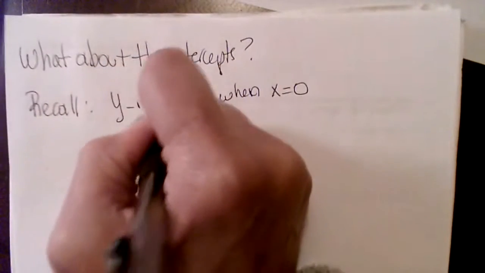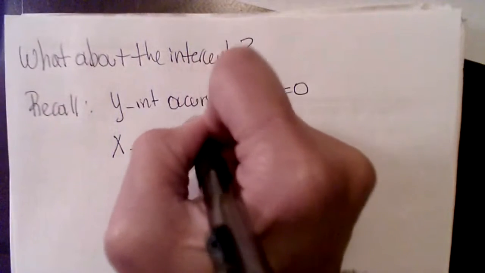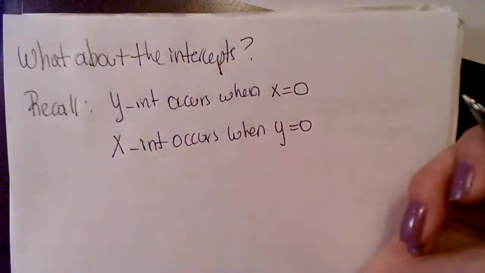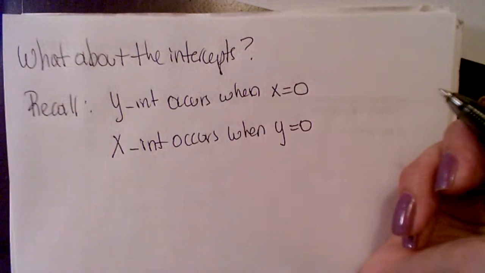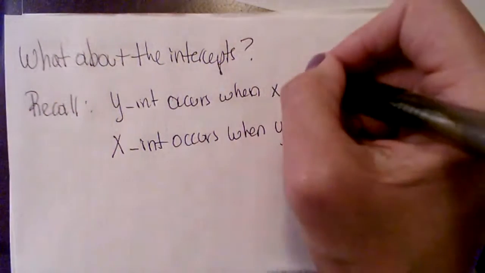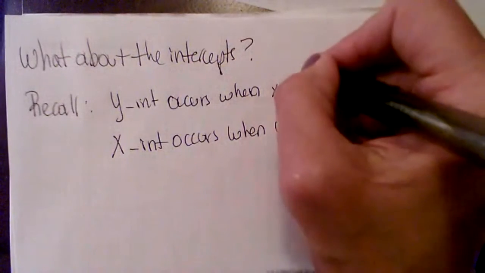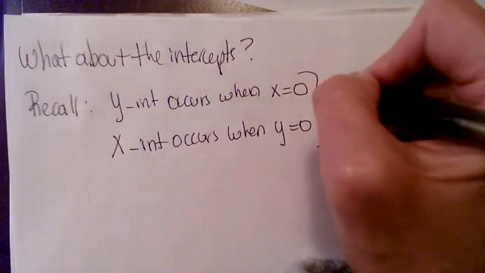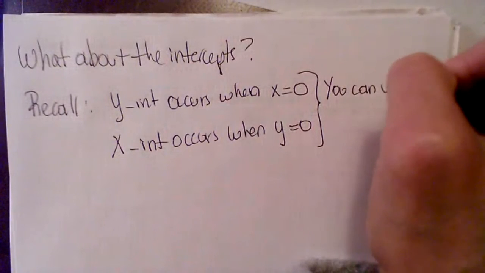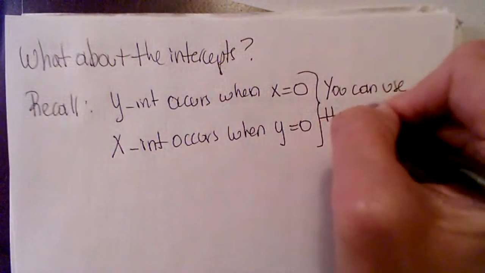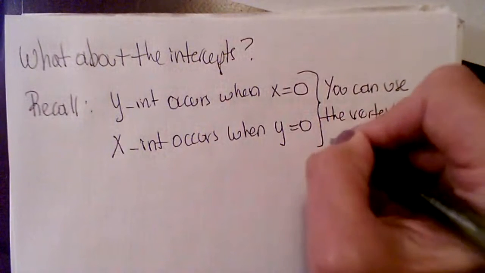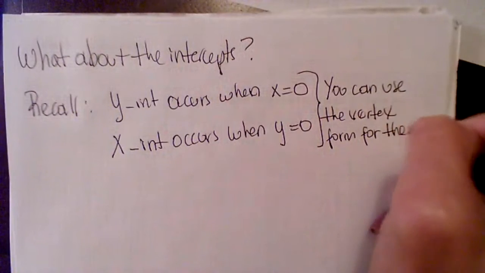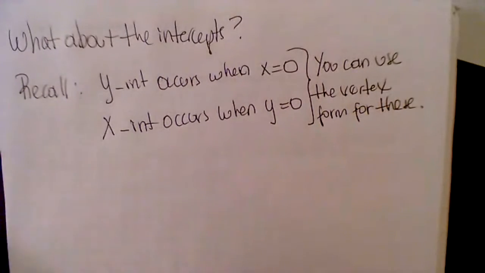And the x-intercept occurs when y is equal to 0. Okay? And we can use the vertex form for this. So let's do it.